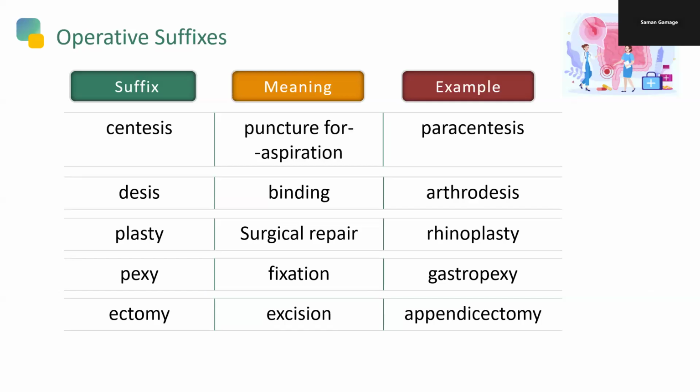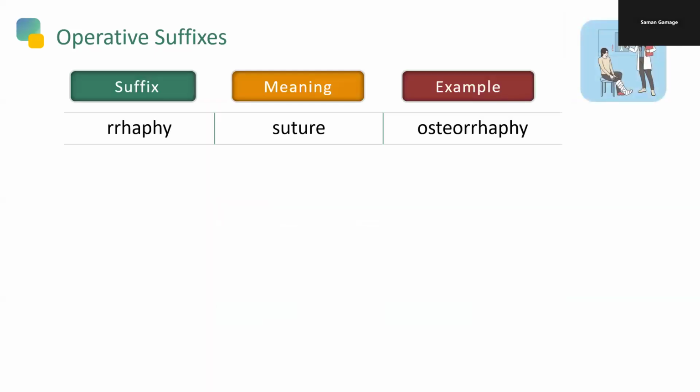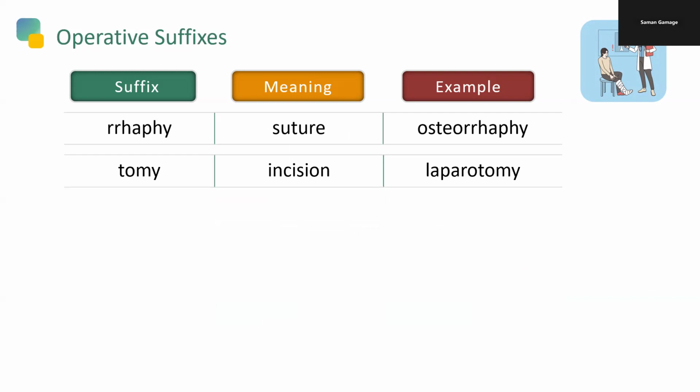Appendectomy and appendicectomy are both referring to the same surgical operation, removal of appendix. Raphy means suture. Osteoraphy is suturing of bones. Tomy is incision. Laparotomy is incision in the abdomen.